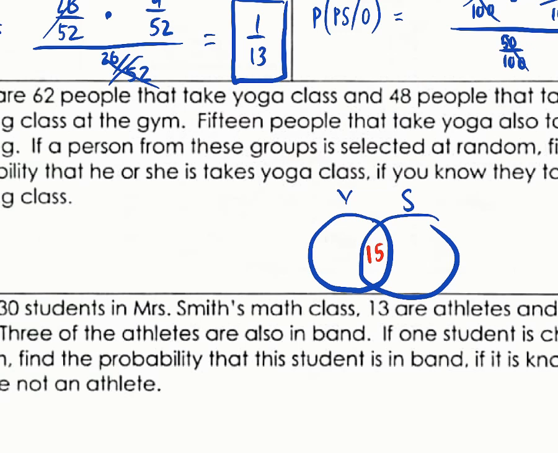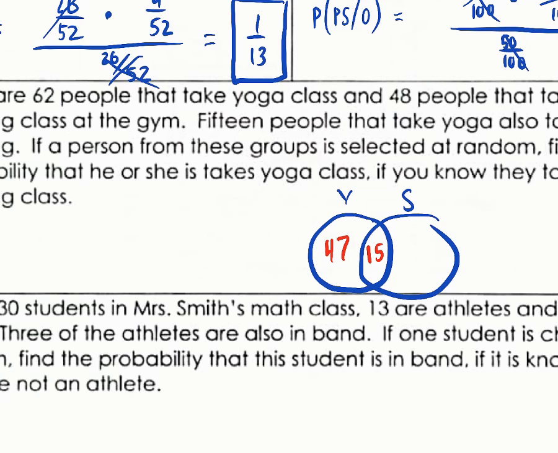Now, how many people, and I need y'all to think, are y'all with me? How many people fit in yoga only? Yoga only circle. 47 is right. Does everybody understand how I came up with 47? That's right. 62 people do yoga, but 15 of those do both.